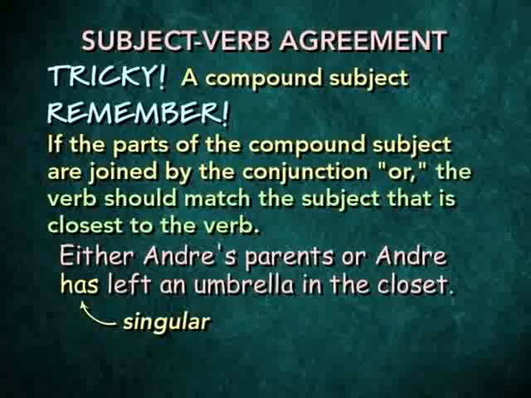Singular would now be correct because Andre, the singular subject, is now closer to the verb than the plural subject. So it does make a difference what order the subjects are given in this particular type of situation. So when the compound subject consists of two or more parts separated by or, decide on subject-verb agreement by looking at the subject that's closer to the verb.